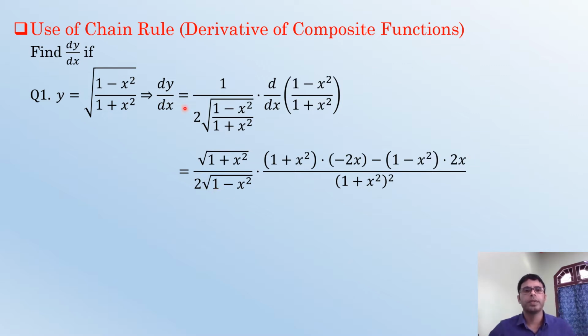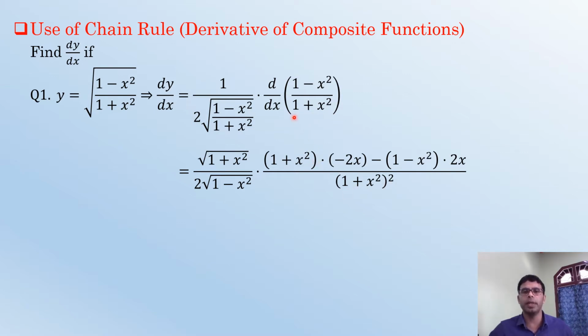It will be 1 by 2 root over this one, this term will go to the numerator, root over 1 plus x square, and the denominator will remain 2 into root over 1 minus x square, into, now come here, d/dx of this term, which is in f(x) by g(x) format or u by v format. It is a quotient function, so the denominator is squared.